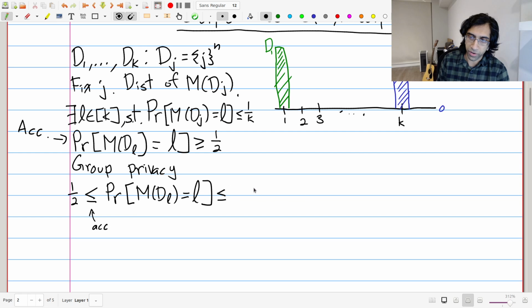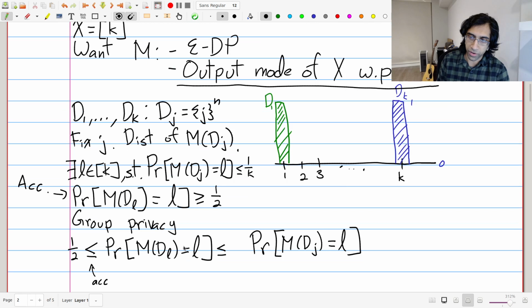What we're going to try to do is relate that probability to this probability. And so we're saying that this is less than this times the factor of e to the epsilon times n. And the reason for this is, again, group privacy. You imagine you can change DL to Dj just by changing n data points. And if you recall what group privacy says, it says that it'll be a factor of e to the epsilon n rather than e to the epsilon.